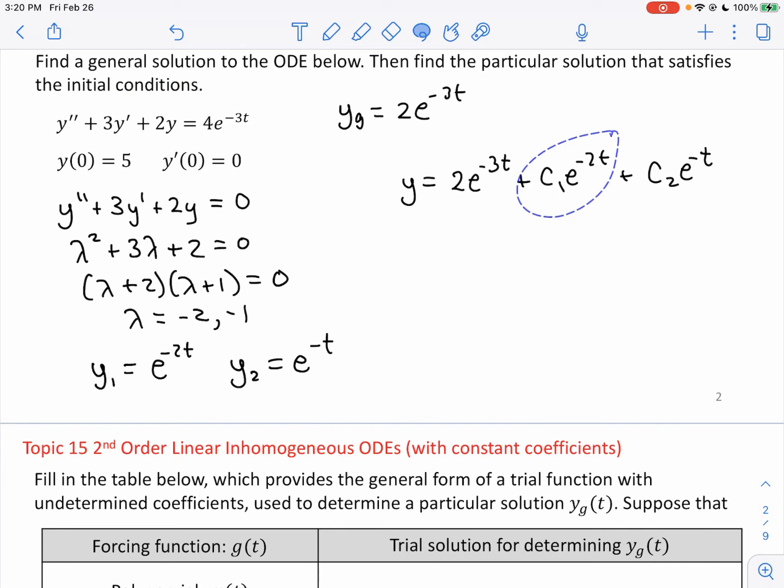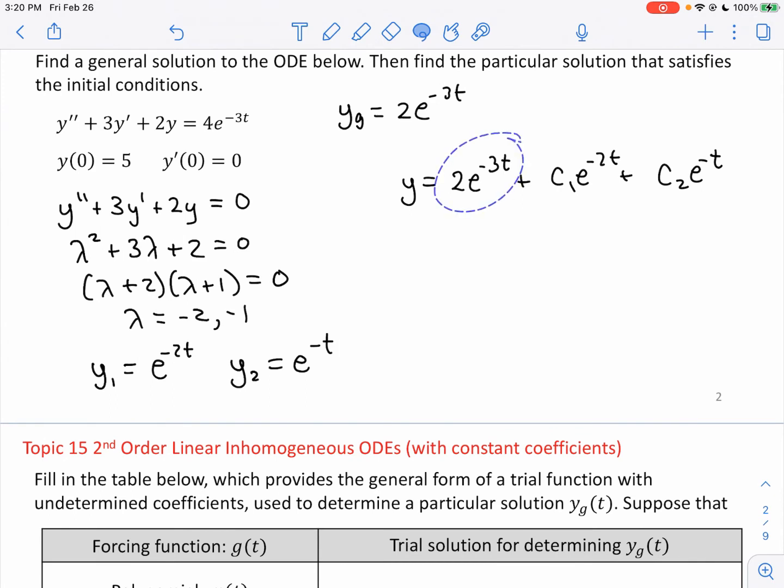Well, these parts will zero out. If you take only this and plug it into this differential equation, you'll get a 0 as a result, because e to the negative 2t was a solution to the homogeneous version. If you take this term and plug it into the differential equation, you're going to get 0 back, because e to the negative t was also a solution to the homogeneous version of this differential equation.